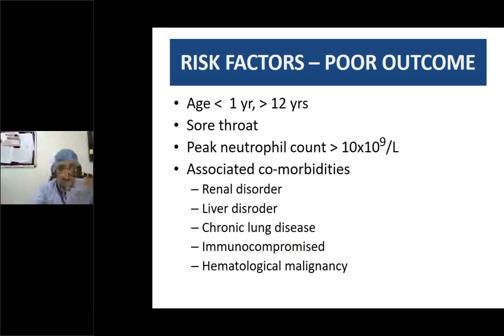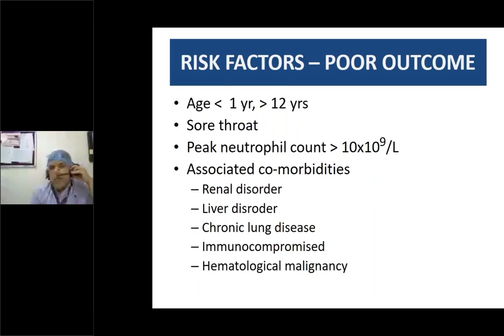And what are the risk factors? The risk factors are generally infants, those who have neutrophil counts of more than 10,000, and those with associated comorbidities. For example, a child with a chronic kidney problem, on steroids, children with chronic liver disease, children with chronic lung disease, especially interstitial lung diseases, and those who are immunocompromised.